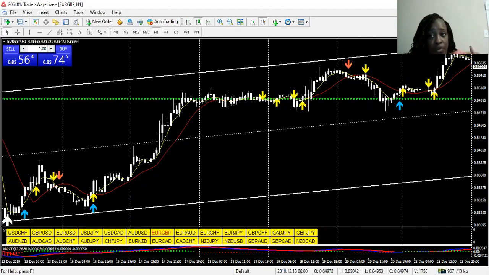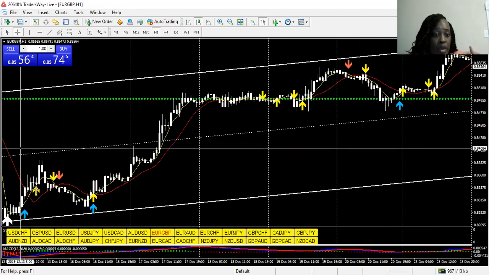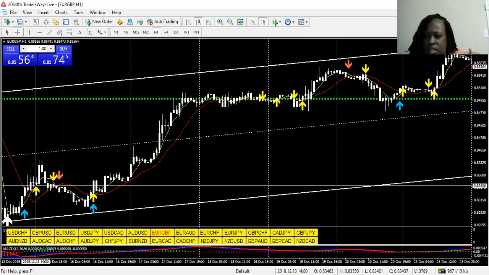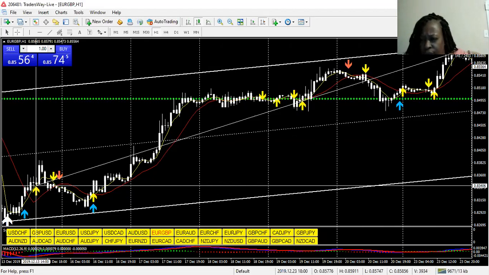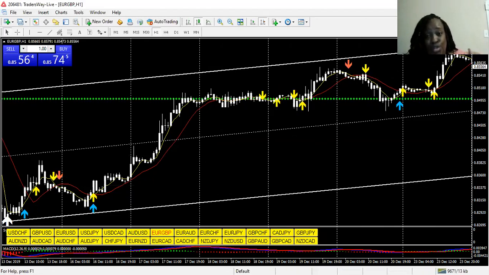Guys, this is powerful. This is how you maximize this system here. So we got in at the triple arrow, take that up to the opposite big arrow. That's 240 pips, guys. 240 pips. So we got 1250 on our intraday trade, and then 240 pips.